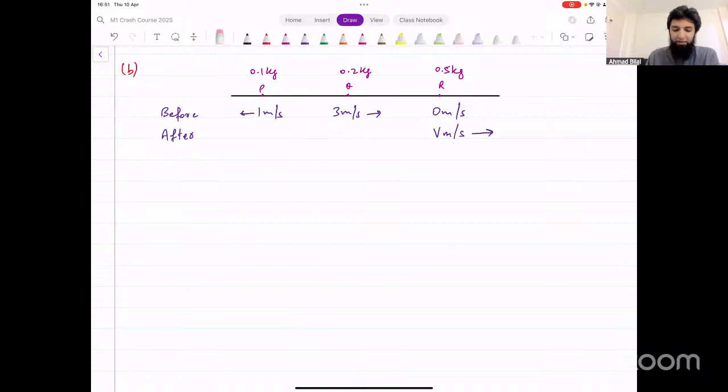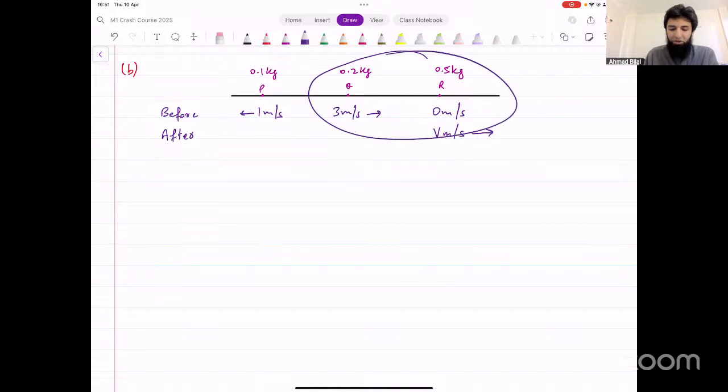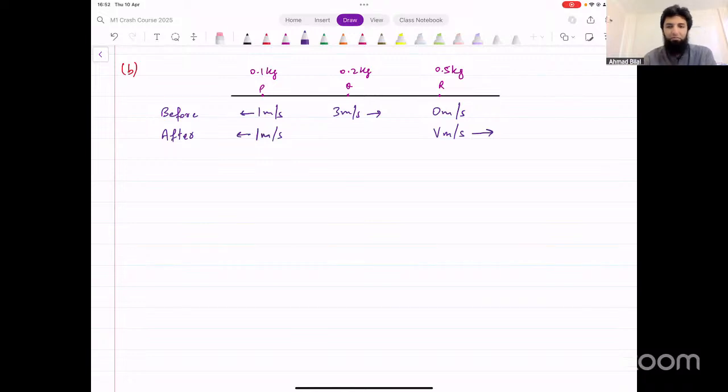They are saying P and Q do not collide after collision. So do we know the velocity of P after collision? P is not colliding with anything, right? So whatever was its velocity before the second collision, it remains the same. P is still moving at 1 meter per second towards the left side.